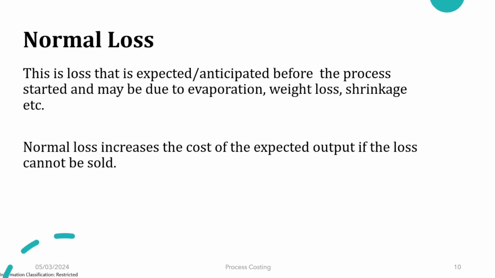For example, if the factory produces the same thing repeatedly, day in, day out, they would know the rate, maybe 50%. That's quite high, but if it's food related, maybe quite low, like 10 or 20%. But this could be relatively controlled. If they feel this is quite high, then they have to develop some technology to make sure that normal losses could be reduced. Normal losses increase the cost of the expected output if the loss cannot be covered, if the item could not be sold.